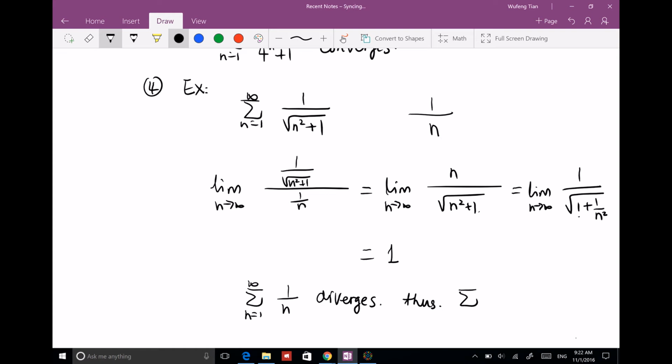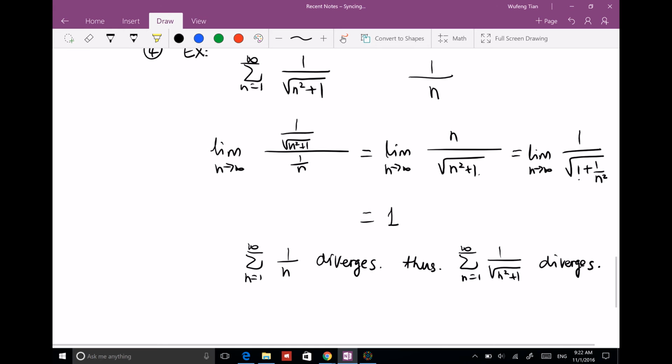Thank you very much, Lacey. Very good. Now you got it right. 1 over the square root of n squared plus 1 also diverges. So now you can tell that this comparison test is much simpler than the previous one of comparing which one is bigger and which one is smaller. This is used much more widely and is more robust.